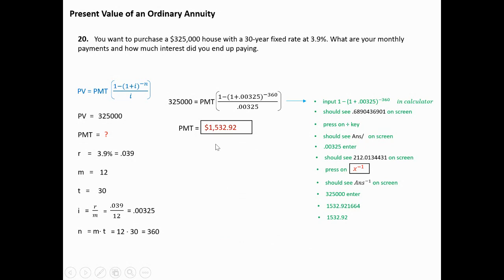But this is only for the payment. Most of the time, the taxes for the house and also the insurance are included. So the taxes and the insurance are not included here, but you have to include them. So let's play it safe and say there's going to be another $500 on top of that. So say you're looking at a payment of about $2,000 a month.